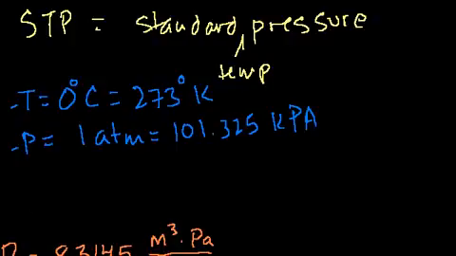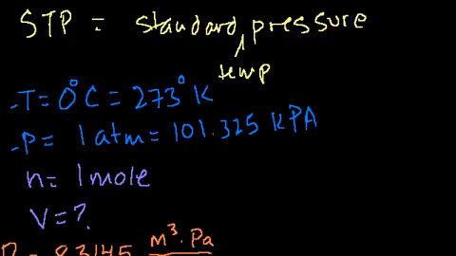So n is equal to 1 mole, and I want to figure out what my volume is. If I have 1 mole of a gas, I have 6.02 times 10 to the 23 molecules of that gas. It's at standard pressure, 1 atmosphere, and standard temperature, 273 degrees. What is the volume of that gas?